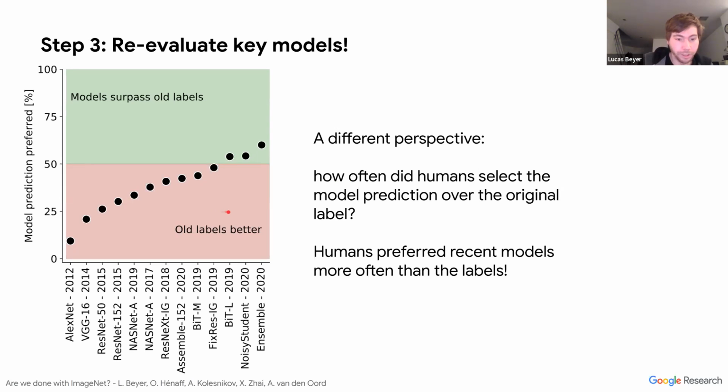And in the bottom, the other way around. Here the bottom line is basically the recent models starting with ViT and Noisy Student, from 2 years ago, those, actually the humans prefer the model's prediction to the ground truth label. So it may be that we are slowly starting to overfit on ImageNet.